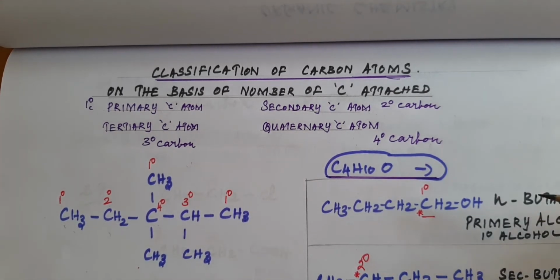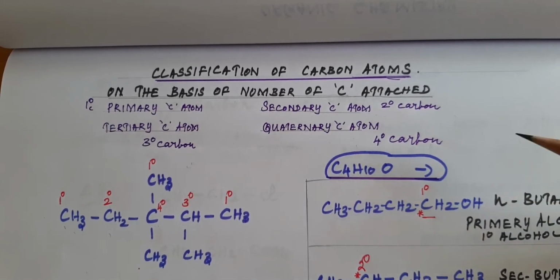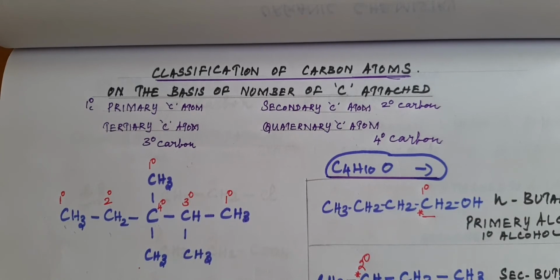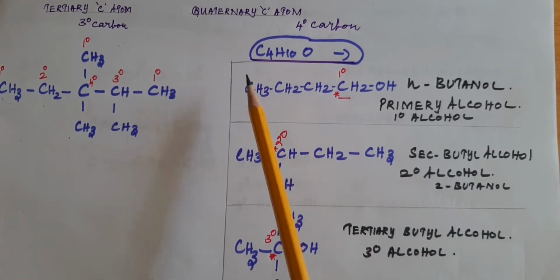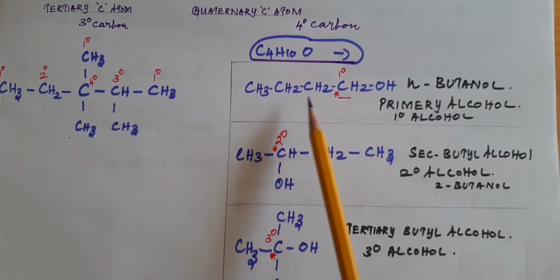For example, butanol of the formula C4H10O. According to the number of carbon atoms attached where the functional group is attached, it is classified into primary alcohol or 1 degree alcohol, secondary alcohol or 2 degree alcohol, and tertiary alcohol or 3 degree alcohol. So C4H10O, butyl alcohol, 1, 2, 3, 4.